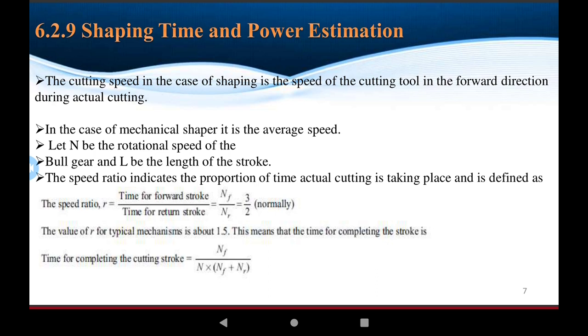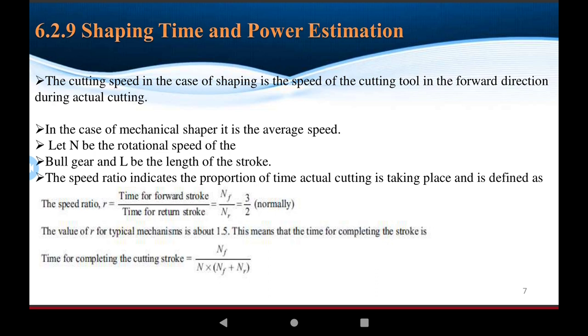Okay, the speed ratio indicates the proportion of time in which actual cutting takes place. The speed ratio of the shaper machine is the time for the forward stroke upon the time for the return stroke. Okay, and the forward stroke is NF, where F is given by the feed rate of the tool, and NR means the return stroke.